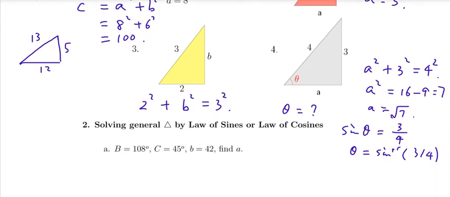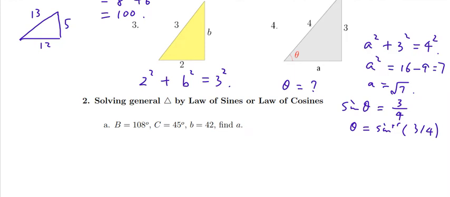Make sure the angle mode is degrees. So theta equals sine minus 1 of 3 over 4. So solving a right triangle is easy.